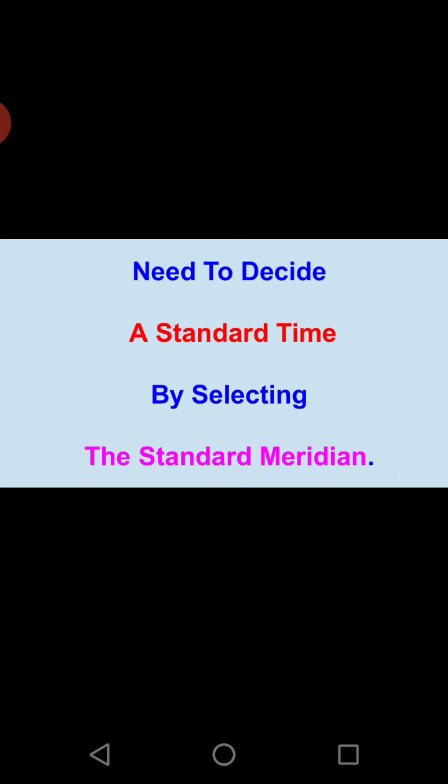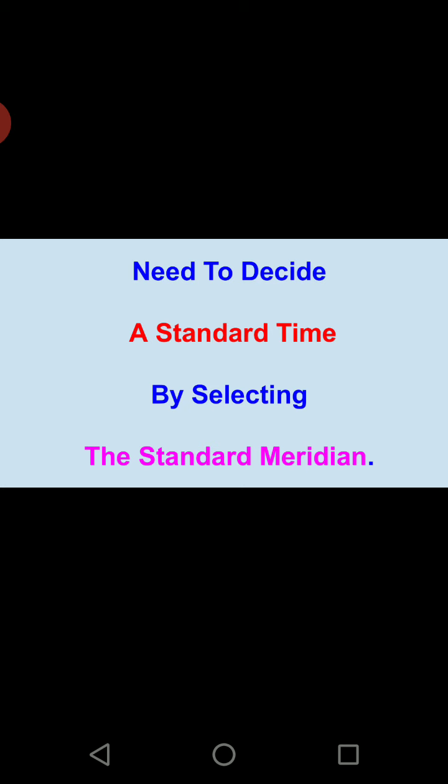Now, which meridian or longitude's time will the country follow? Whichever longitude we select, that longitude's time will be considered for the whole country, and that particular longitude will be called the standard meridian. This is how we get Indian Standard Time, according to a standard meridian.